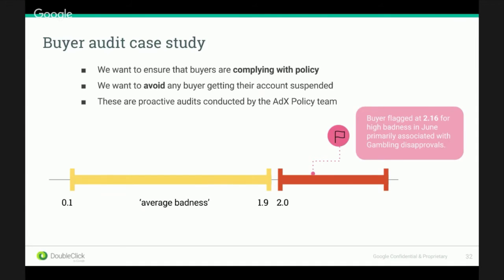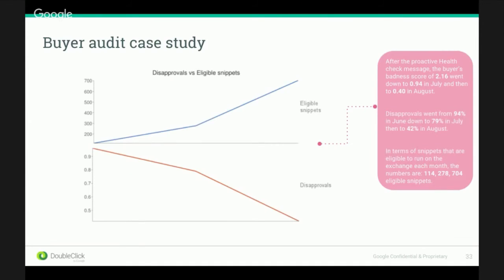After the proactive health check message that we reached out with, which can be in the form of your account manager or just a health check message that you receive, the buyer's badness score went down from 2.16 to 0.94 in July, and then further down to 0.4 in August.